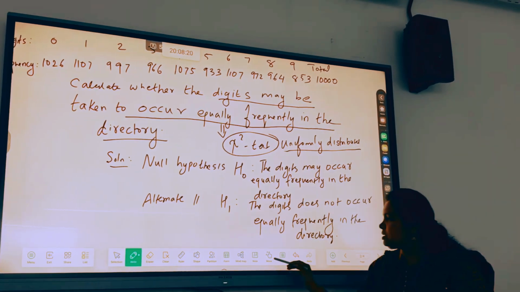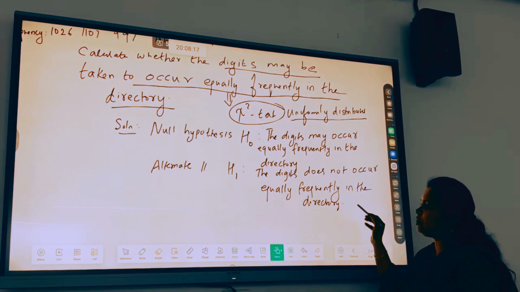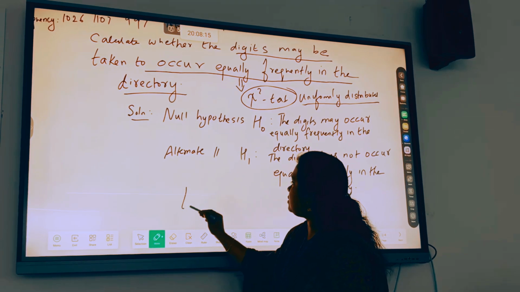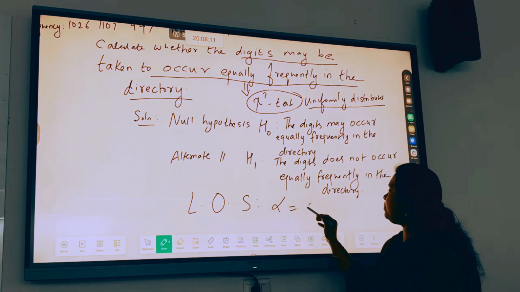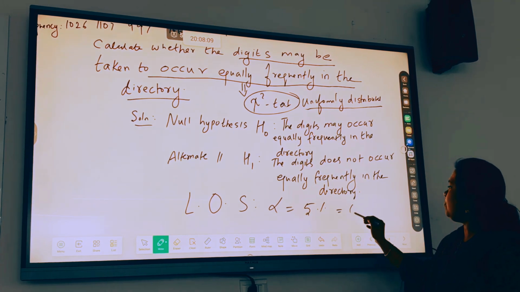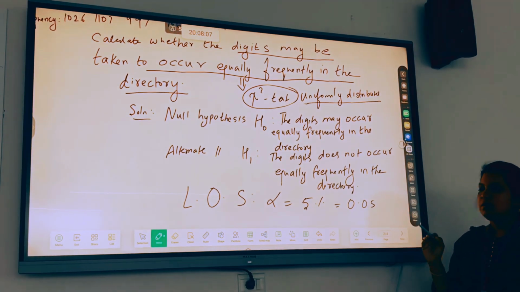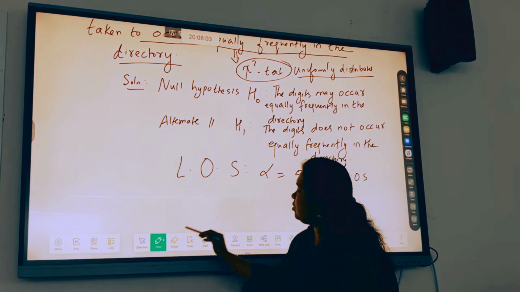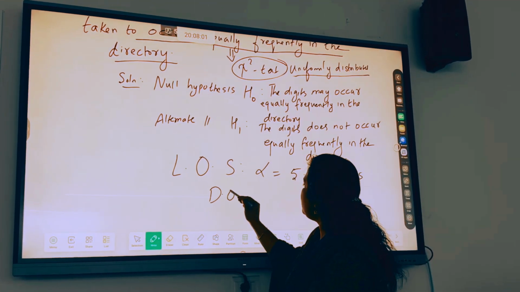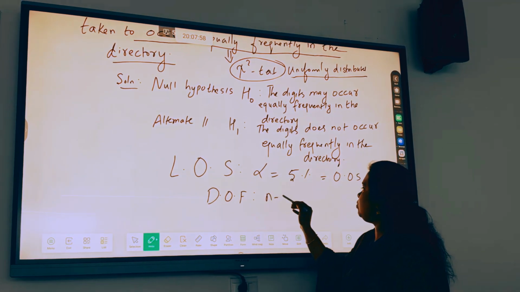Now, the next one is the level of significance. We fix the level of significance alpha at 5%, which is 0.05. As we have to get the table value, the degree of freedom is n minus 1.